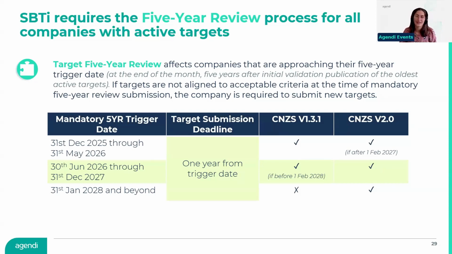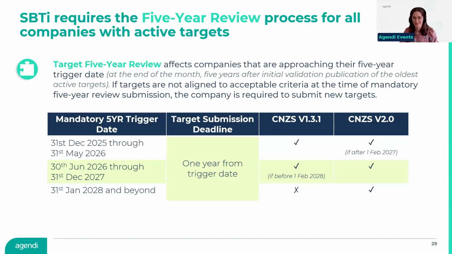If you are finding yourself in a position where your trigger date might be on or after 31st of January of 2028, SBTi has stated in their transition guidance that companies can potentially bypass that 5-year review process by submitting a complete scope 1, 2, and 3 update prior to that trigger date, and it essentially resets that clock.